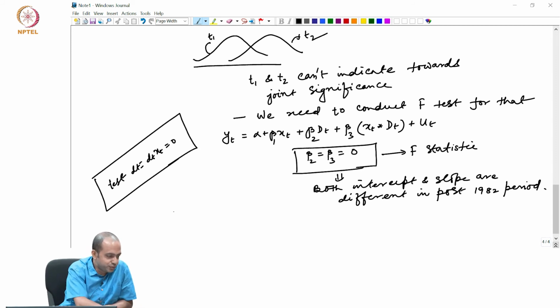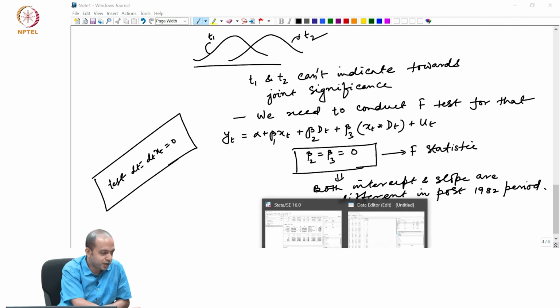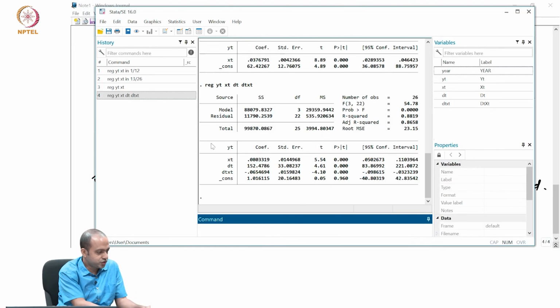Immediately after estimating the full model, I want to check whether the differential intercept and differential slope are jointly significant or not, and for that we test dt equals dt xt equals 0 or not. Okay.